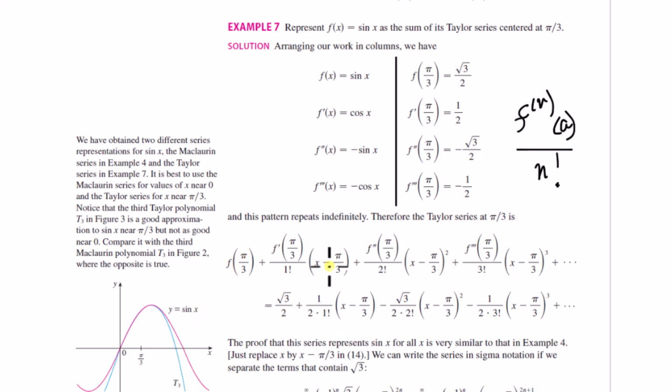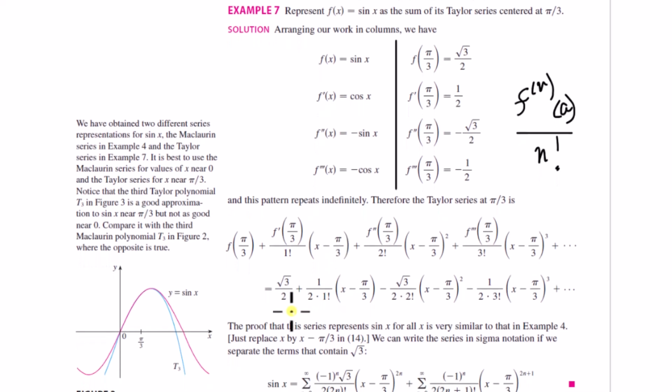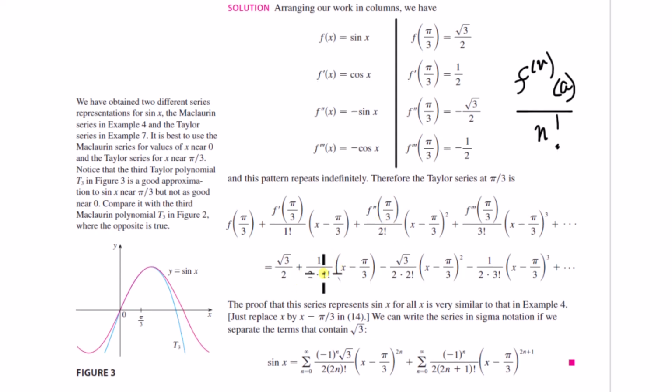They include the x minus a to the n. They write out the first few terms, and then you just have to look for a pattern. And sometimes the pattern is not as simple as other times. Here, this is a little more complicated. So what they end up doing is they separate this into the sum of two separate power series, one with the odd powers on the power term and one with the even.